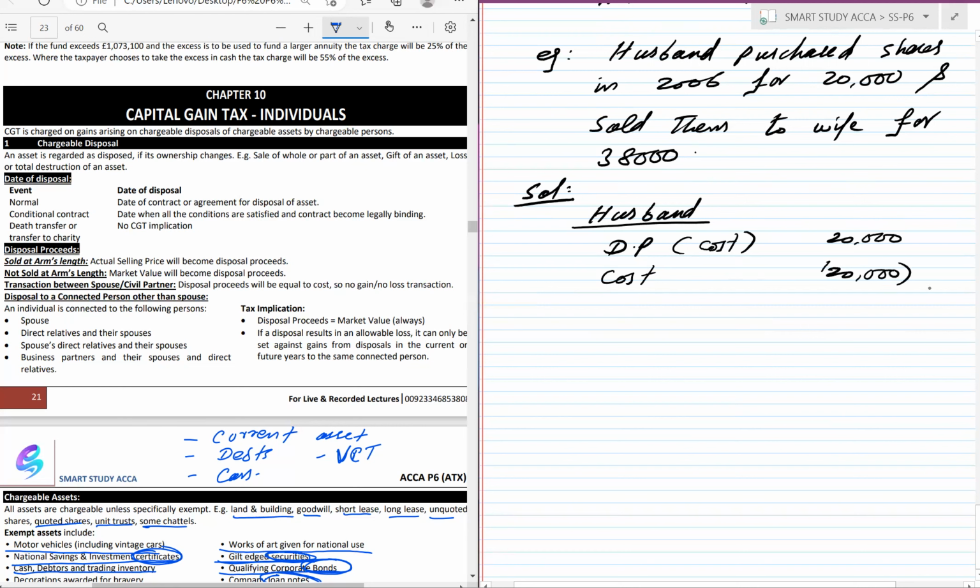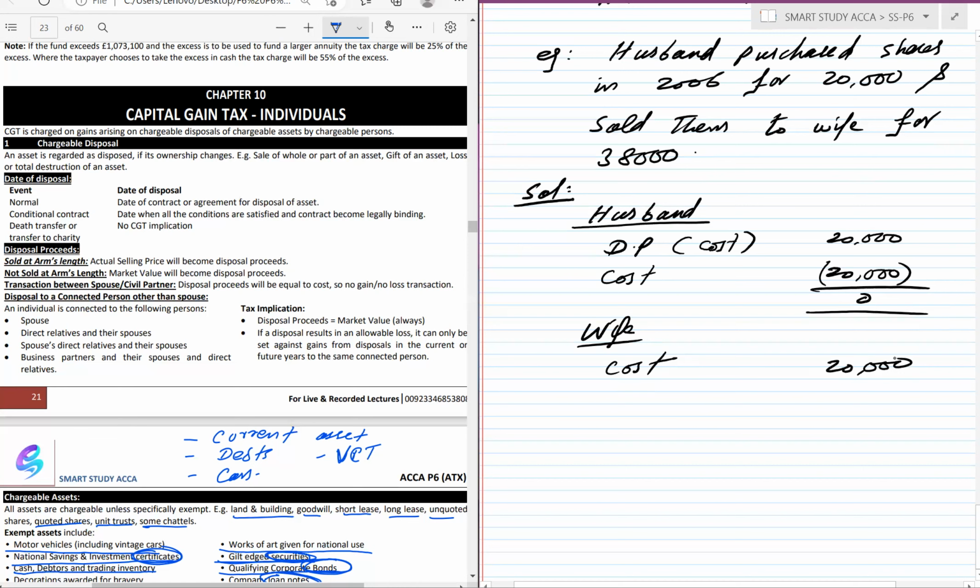So you don't need to prepare these calculations. Simply write down: transaction between spouses, so no gain, no loss. For the wife, cost will be £20,000. The cost of one party becomes the cost of the second party.